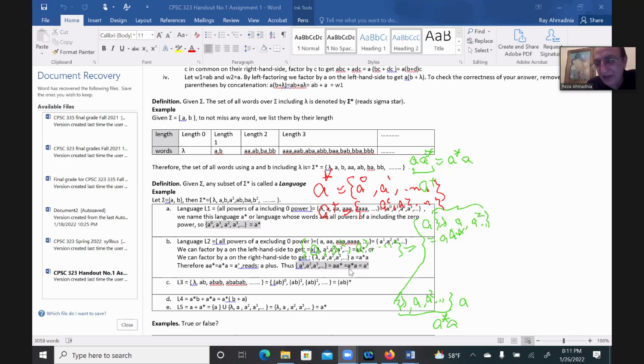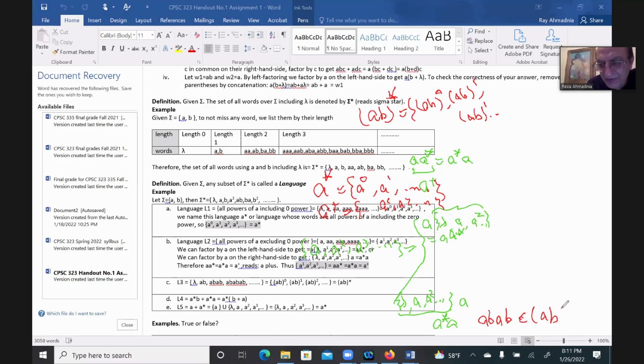It is AB star. All powers of AB, including the 0 power: AB to the 0 power, AB to the first power, AB to the second power, and so on.